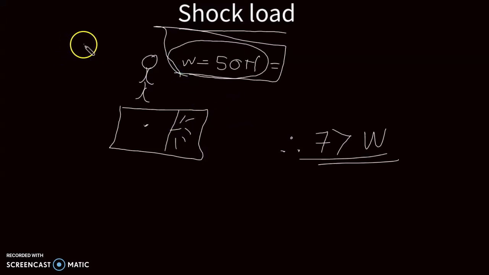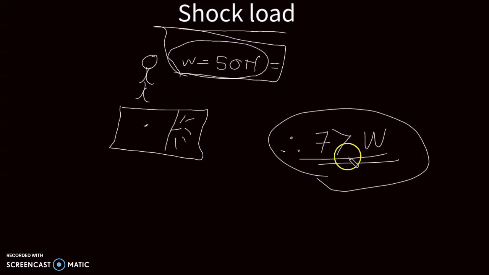From that example, we can see that the strain caused by a shock load is much greater than the one caused by a gradually applied load of the same magnitude. After the landing, the scale comes back to the original weight, which is now the gradually applied load, where the force is equal to the weight.